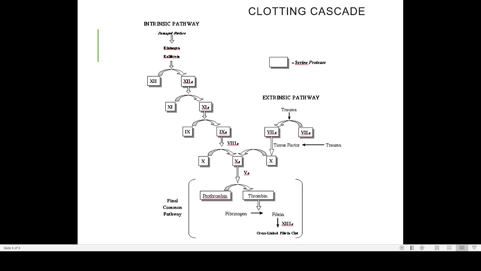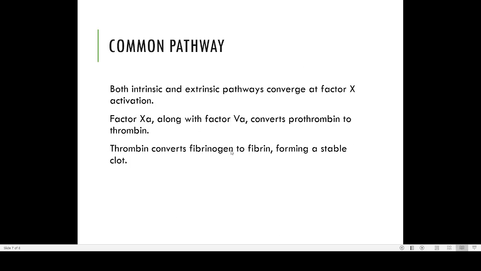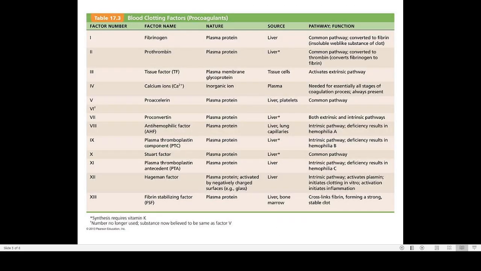Here you can see that the external injury or trauma converts the inactive form of factor 7 into an active form of factor 7, and that will activate factor 10. Factor 10 is scientifically known as the Stuart factor, and factor 7 is proconvertin.